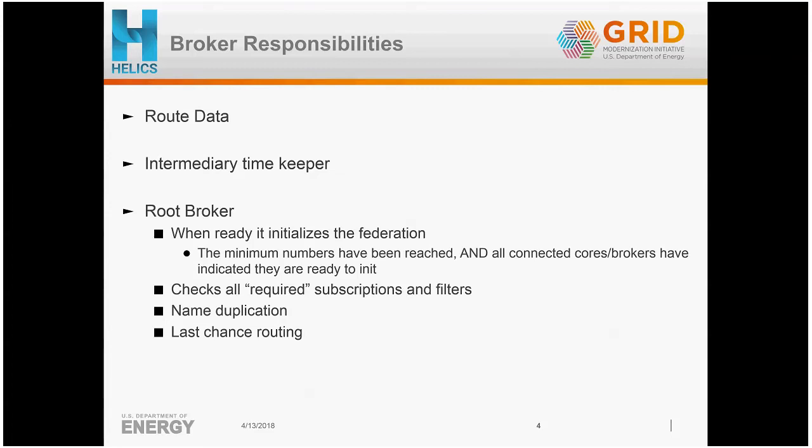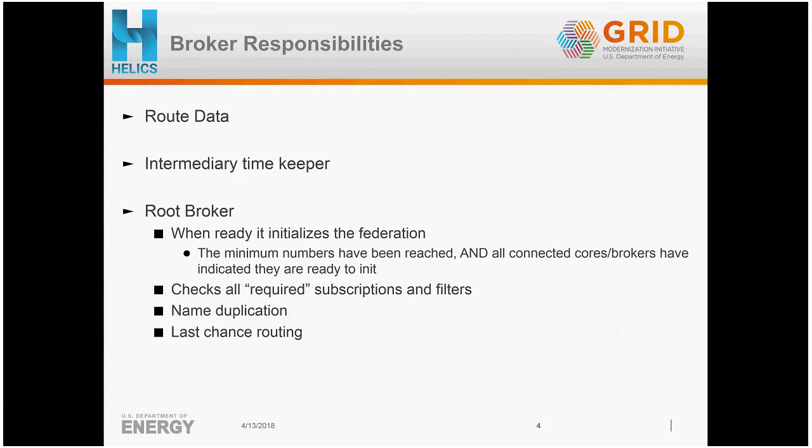The root broker itself also has a few other functions. It is responsible for initializing the entire federation. It does this when two conditions are reached. The first is that the minimum number of federates and brokers has been reached. So if you tell it to expect 3 federates, it won't actually start the federation until 3 federates have joined.